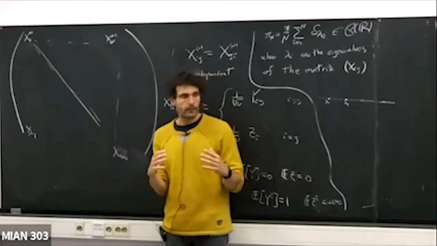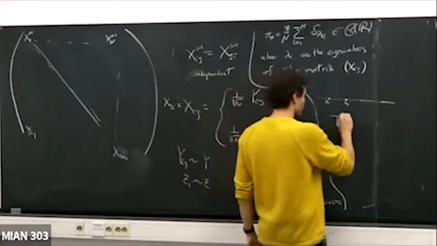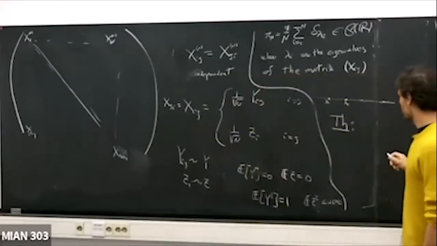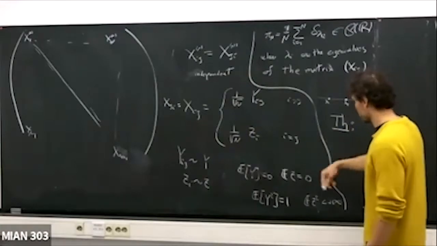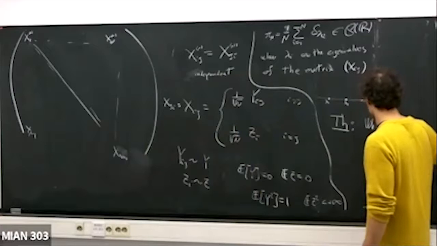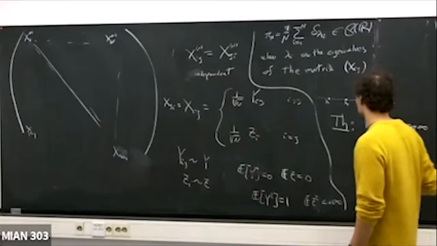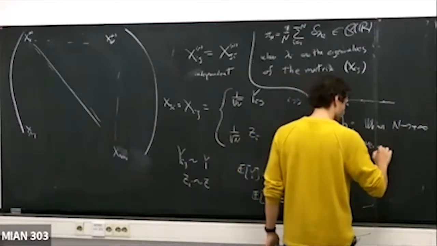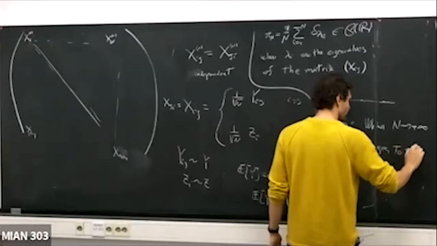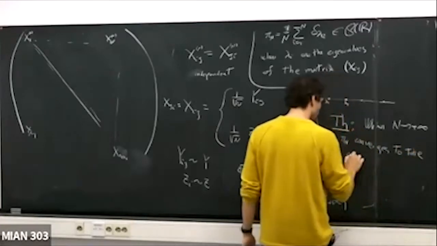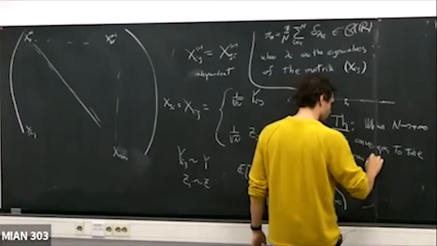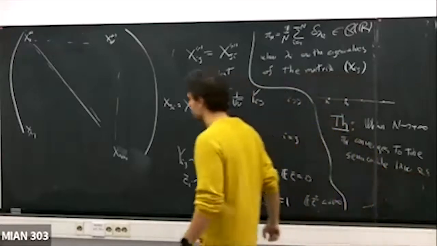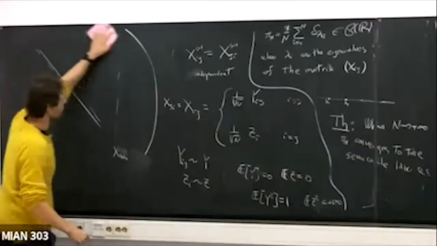So we want to prove, not in this generality, this theorem, which is the following: under this hypothesis, when n goes to infinity, pi n converges to the semicircle law, almost surely. I'll write in a moment what it means. So what does it mean?